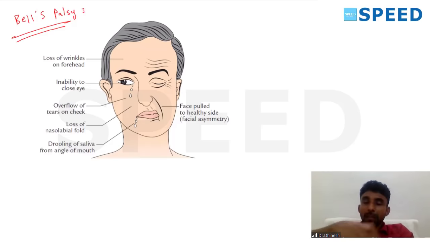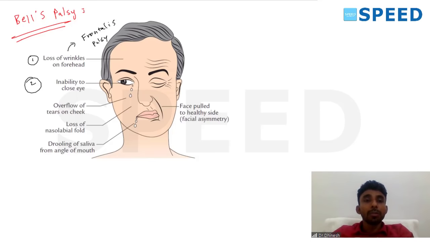So the clinical features are due to paralysis of all the muscles of facial expression. What will be the clinical features? There will be loss of wrinkles of forehead, due to paralysis of the frontalis muscle, one of the muscles of facial expression, and inability to close eyes.